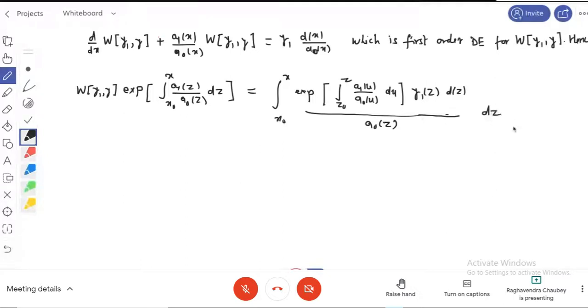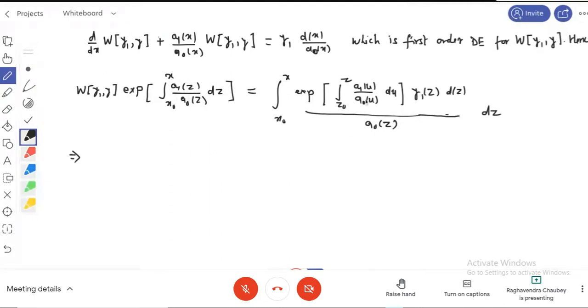We can rewrite this exponential of the integral of p dx, and here we use the initial condition, so that's why we change the variable to z. This integral in terms of z, if you put in the upper limit and lower limit, becomes a function of x only.